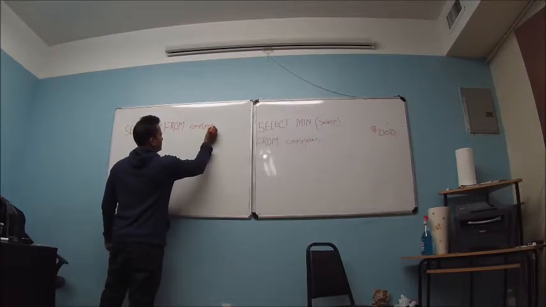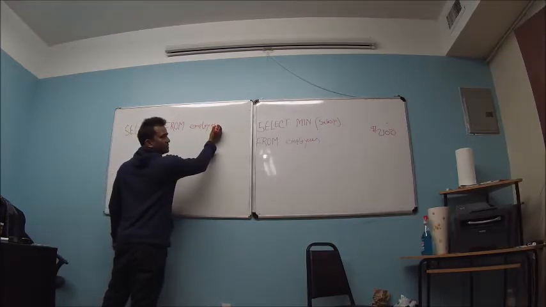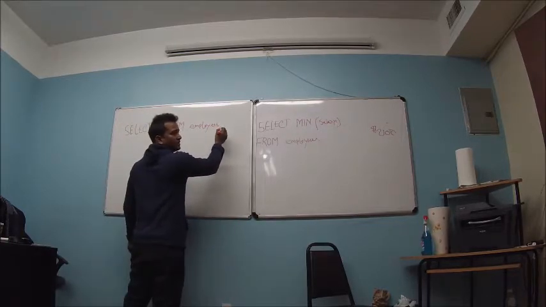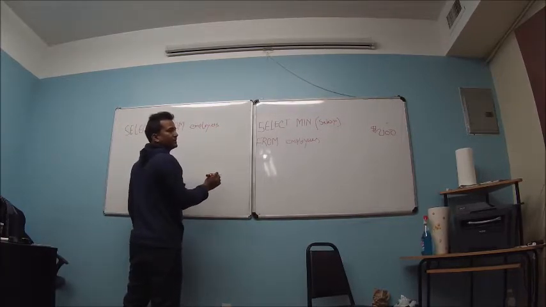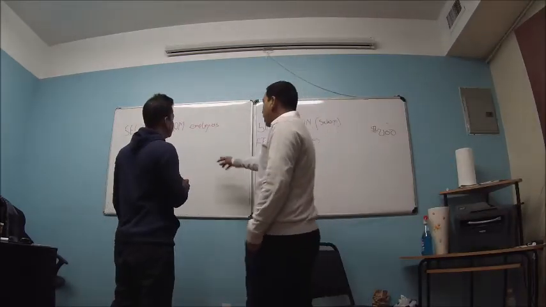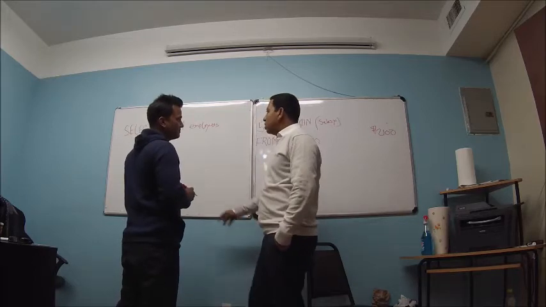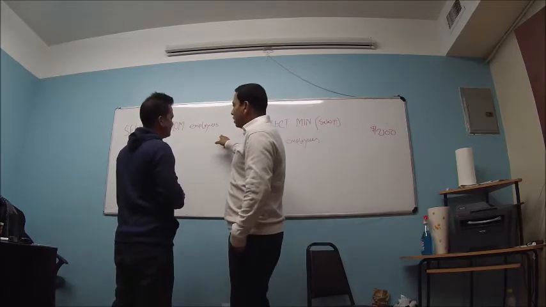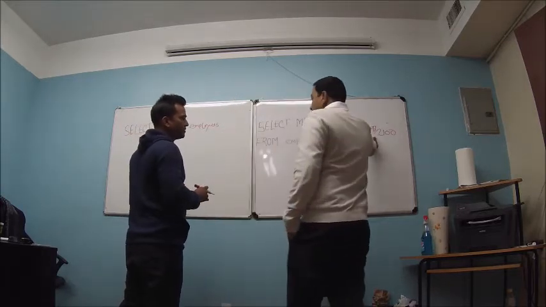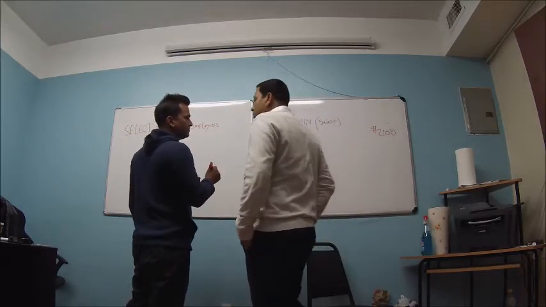You understand this? Do you have a table here? No. So why are you writing table there? What is the table name? Employees. Okay, so select star from employees. Now I know the minimum salary is $2,100.